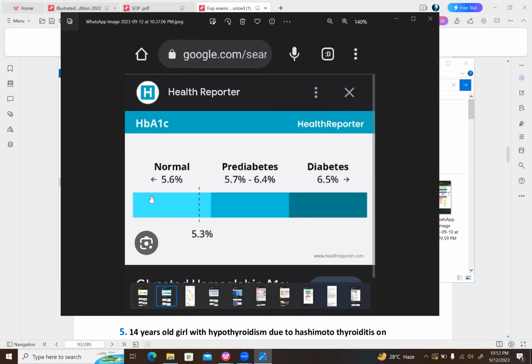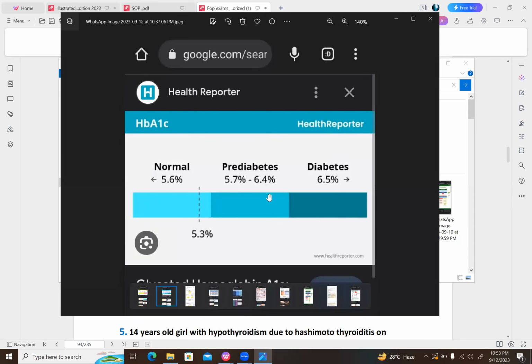Actually, it is between 4 and 5.6. 4 to 5.6 is normal. This 5.7 to 6.4 is pre-diabetic, and above 6.5 is the diabetes. Above 6.5. In our scenario, it is 7.9. So it is the diabetic range.